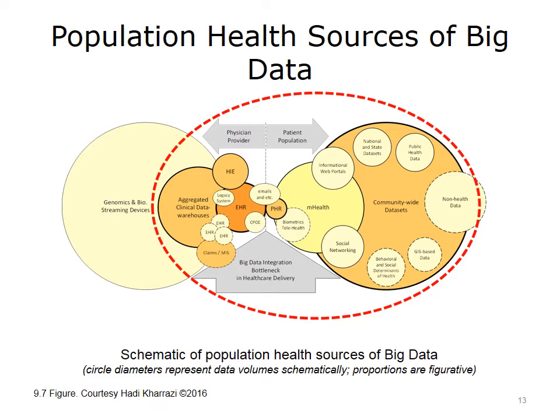As indicated in the diagram, the bottleneck of the big data integration is bringing and merging patient and community-centered data sources into clinical data sources. Although this is slowly happening, the big data aspects discussed in previous slides are preventing the smooth integration of all potential population health data sources.